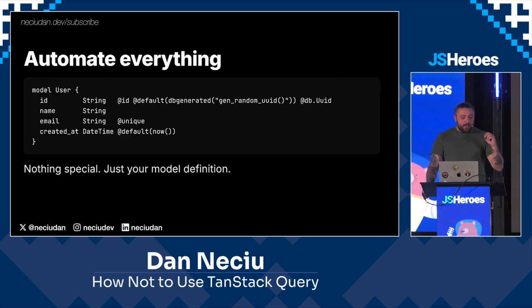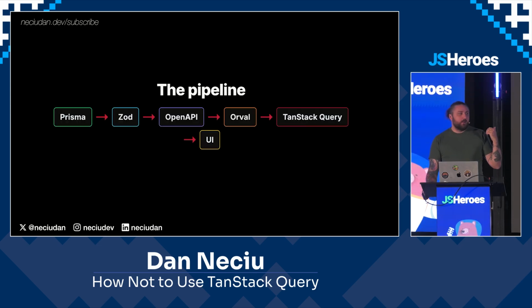A final tip that I think works really amazing with TanStack Query is that you don't have to actually write all those query functions and utilities yourself. You can automate everything from the backend schema. We did this in our company because we have a different backend than frontend, so it's not TypeScript. We don't have tRPC.